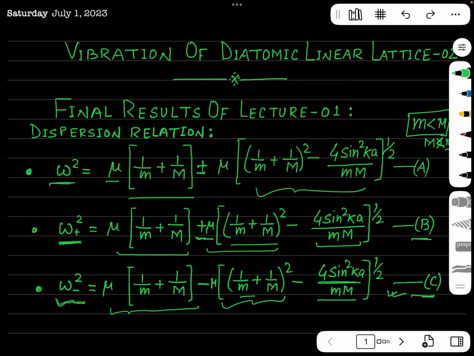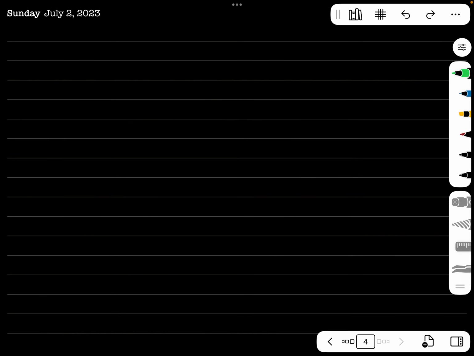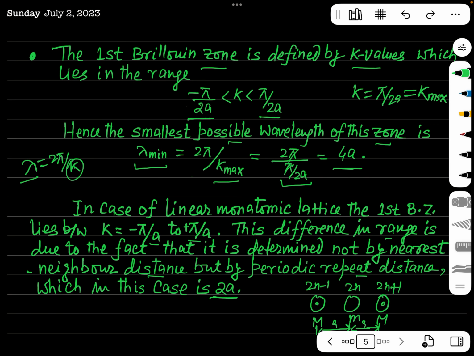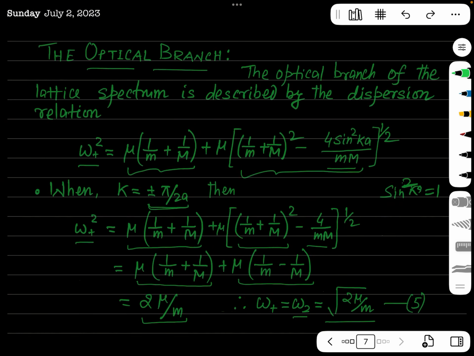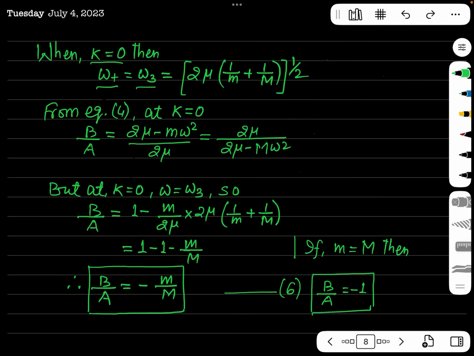So when you take k equal to 0, this last term will vanish and the first term and the second term will be the same, so both will be added, and that will be 2 times mu into (1 over small m plus 1 over capital M), and the whole square root. So this value of omega is the square root of 2 mu times (1 over m plus 1 over capital M).